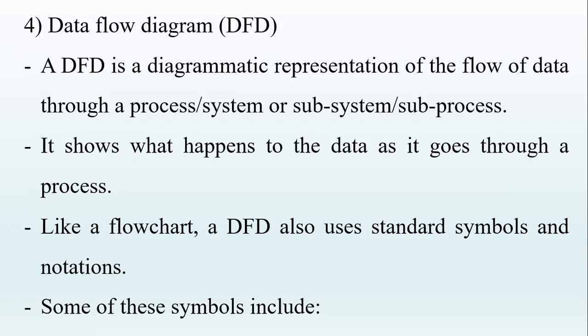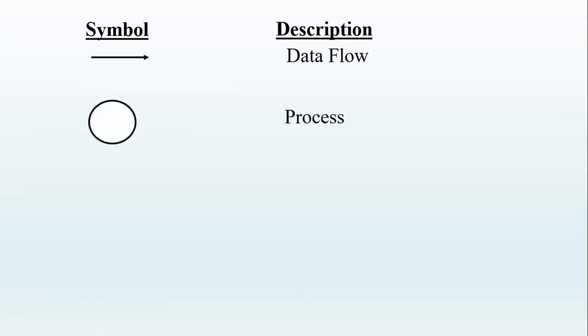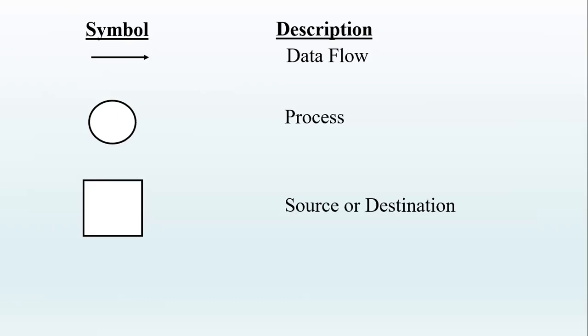Some of these symbols include, number 1, we have a data flow symbol, which is an arrow. And then we have this other symbol that is used to indicate process. Number 3, we have this symbol that is used to indicate the source or destination.